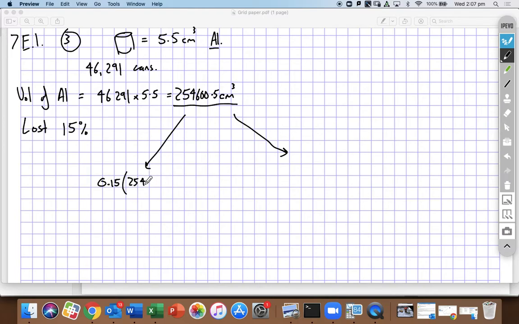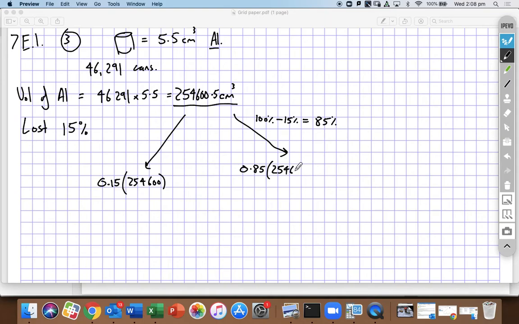Or maybe this is a bit of a shortcut for you: if I lost 15% from 100%, I'd be left with 85%. So I could say, well, what's 85%? Because that's already got the loss of 15% in it.